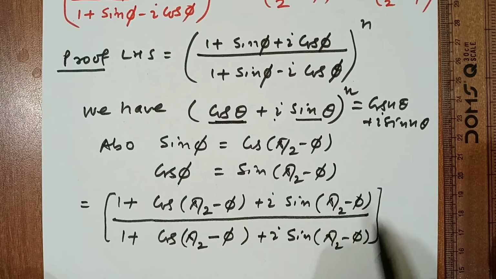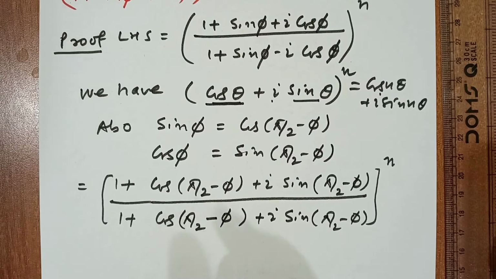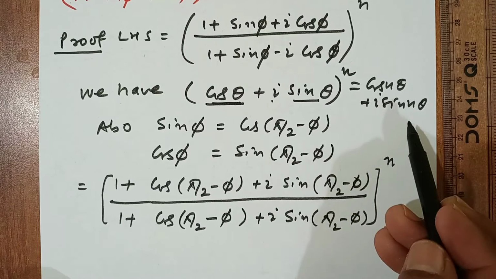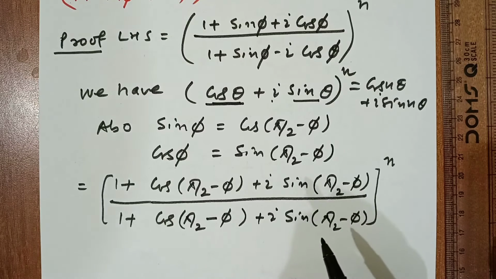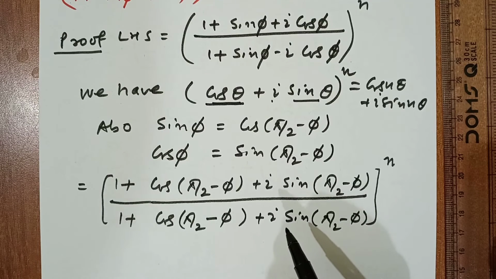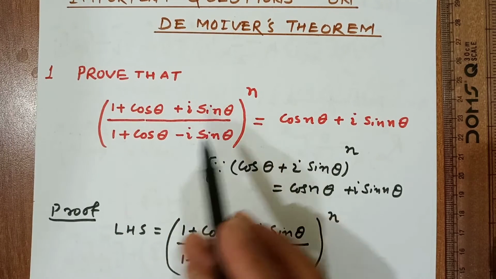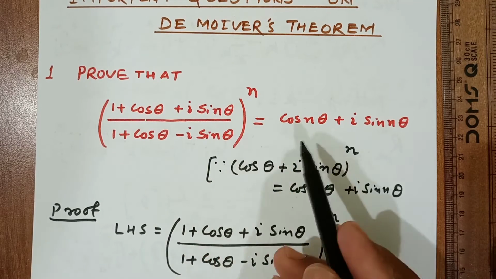Now this is in terms of this form, which means the coefficient of i is sin theta. So here the coefficient of i is sin theta. Now in the first question we proved that (1 plus cos theta plus i sin theta) upon (1 plus cos theta minus i sin theta) to the power n is equal to this thing.